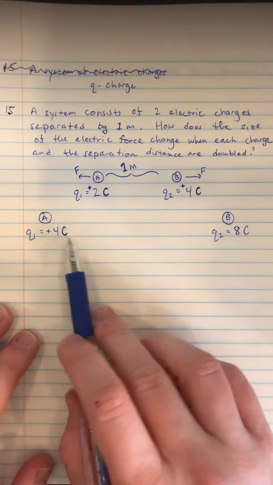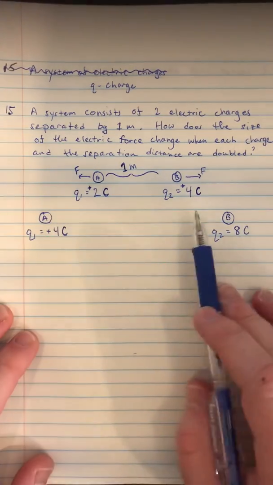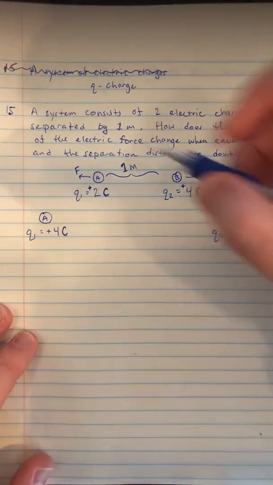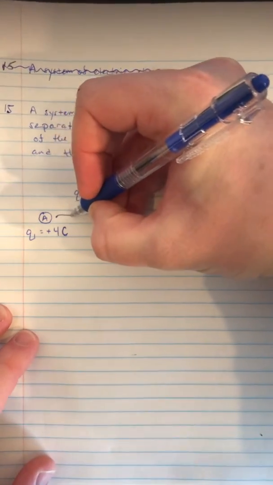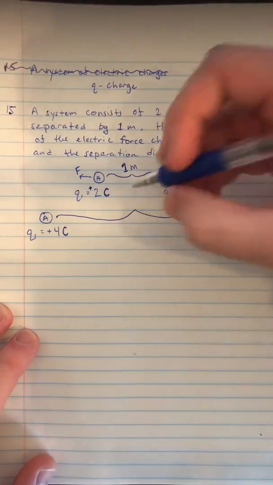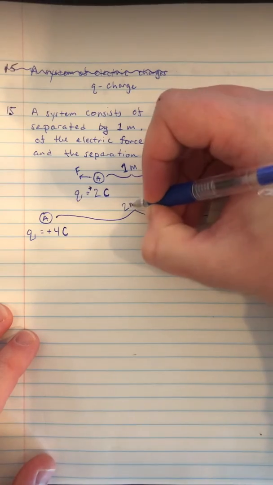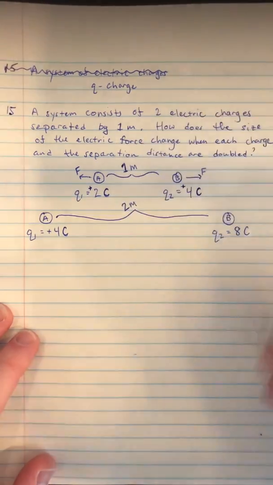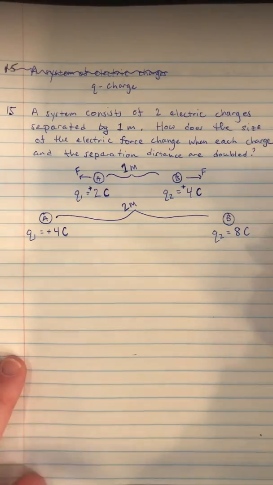And so we doubled both the charges. Q1 went from 2 to 4, Q2 went from 4 to 8. We also doubled the distance. So instead of 1 meter, we're looking at 2 meters. All right, and we want to compare the forces in this scenario.